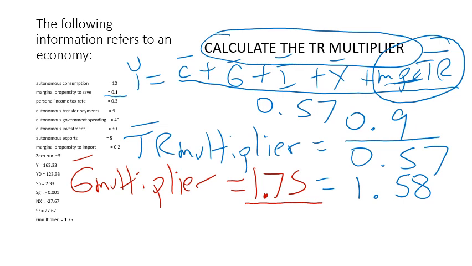Whereas for every dollar spent on transfer payments, the GDP level goes up by $1.58. So one of the arguments is government spending is more efficient. You get more traction out of a dollar.